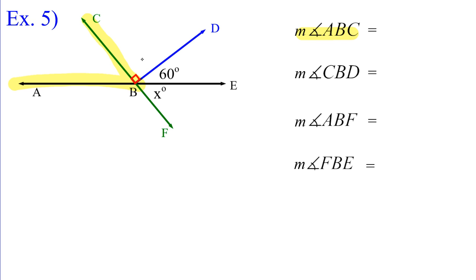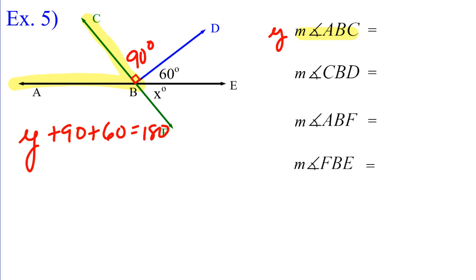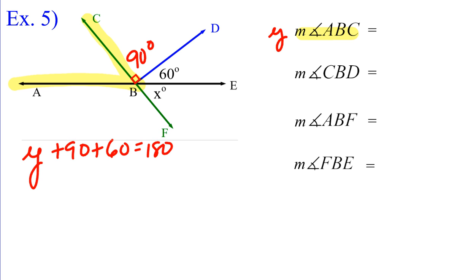Well, we know that this one's 60 and this one's 90. So if we add them together, all we have to do to find out this one, and we'll call it y, just for fun here, is say y plus 90 plus 60 is going to give us 180. We know if we add all those together, it's going to equal that.